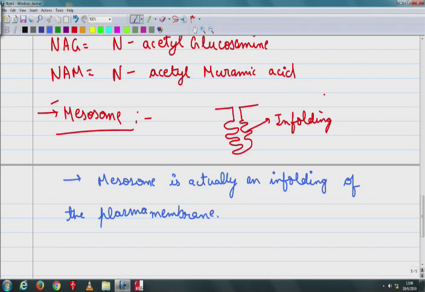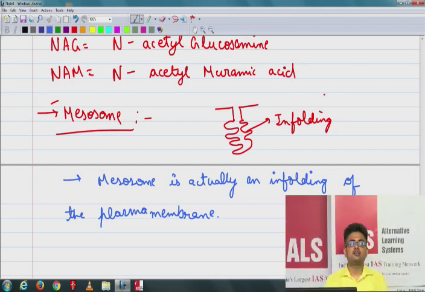What is the function of mesosome? It is considered to be the precursor of eukaryotic mitochondria and chloroplast.